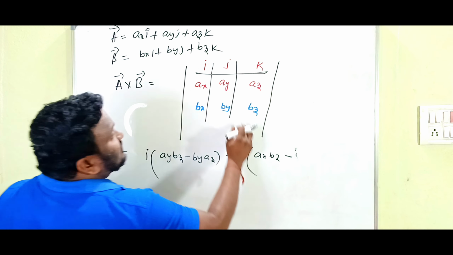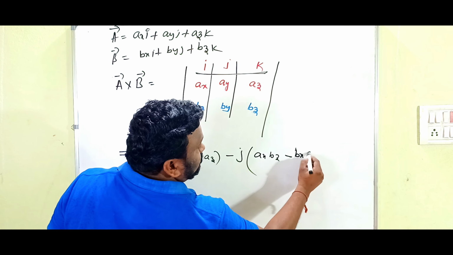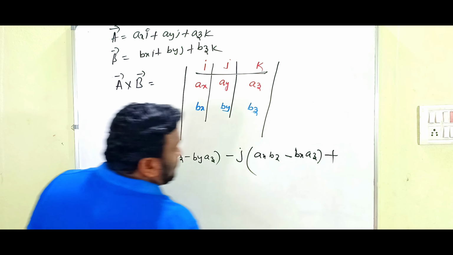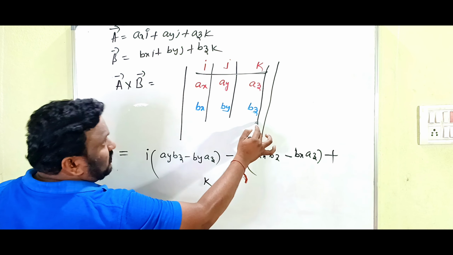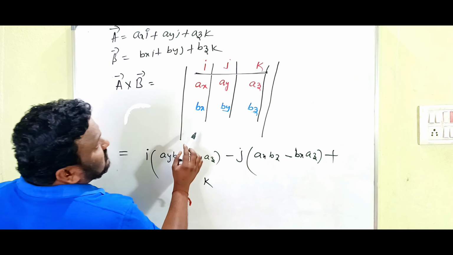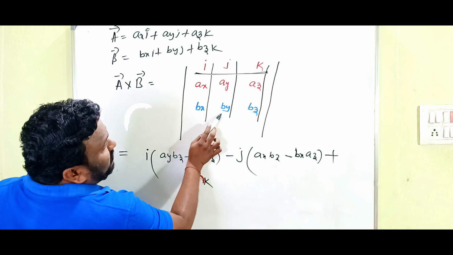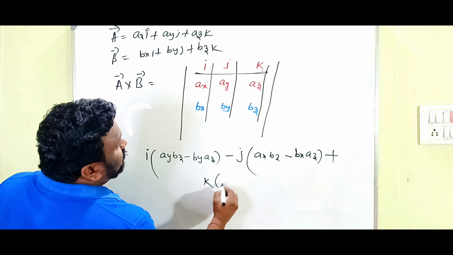So children, Bx into Az, plus k of, now we have to omit this column and this row. Then what do we have here? Ax By minus Bx Ay.